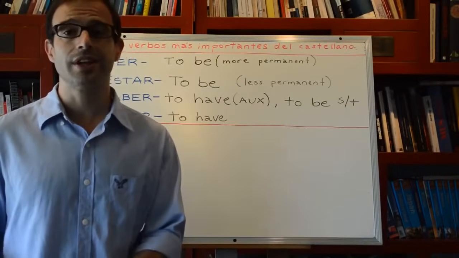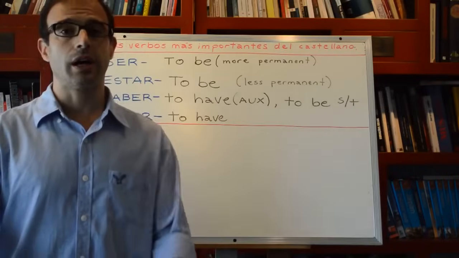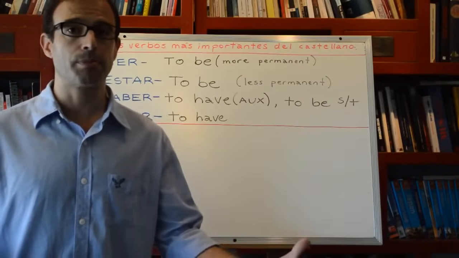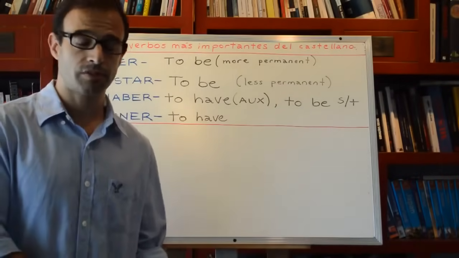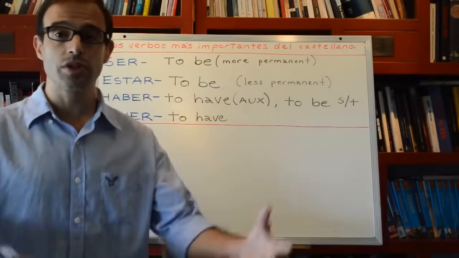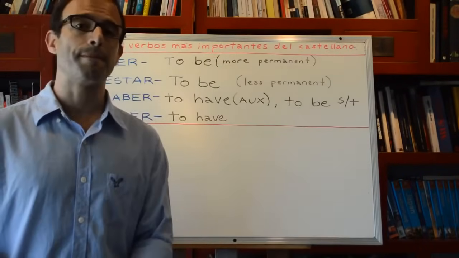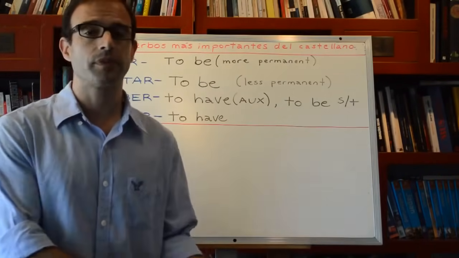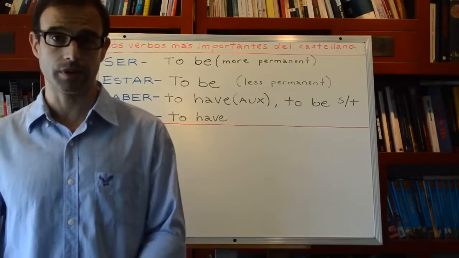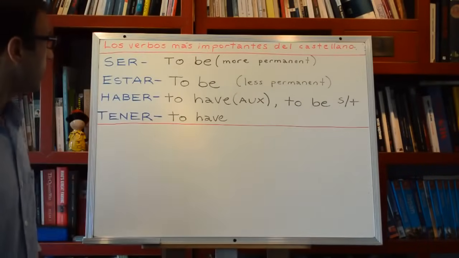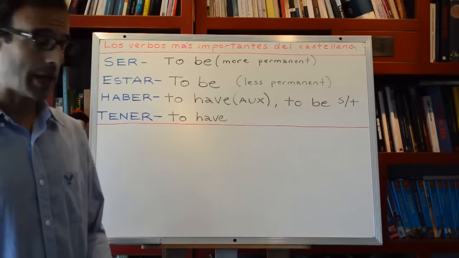However, in English, the irregular verbs represent a greater proportion or percentage of the total than in Spanish. Spanish also has a huge amount of irregular verbs. Nevertheless, the regular ones represent a much more significant number, okay? But these, the most important ones, are irregular, okay?